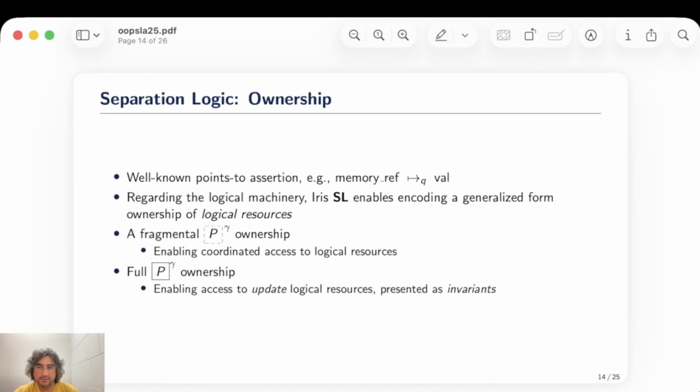They can be either fractional tokens or fully owned tokens, where full ownership grants access to change the underlying resource associated with it, and fractional would give you non-mutating access.